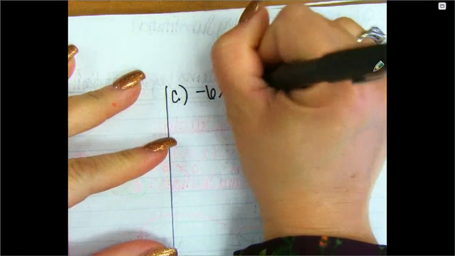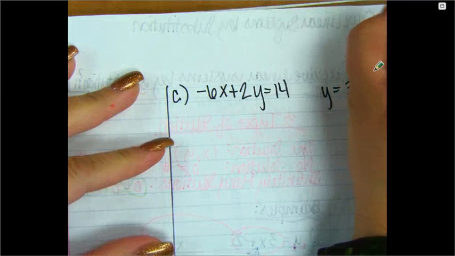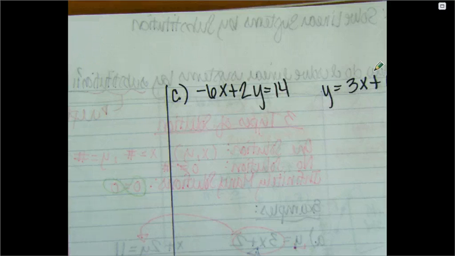Negative 6x plus 2y is equal to 14, and y equals 3x plus 6.